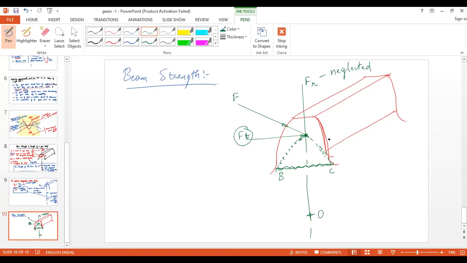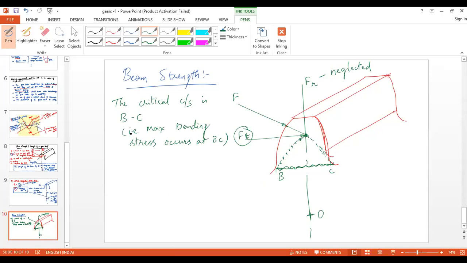But the gear tooth is much larger than the parabola. So the critical cross section is BC. That means the maximum bending stress occurs at BC.